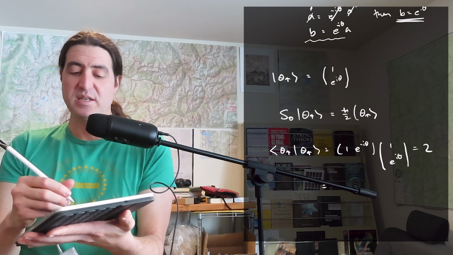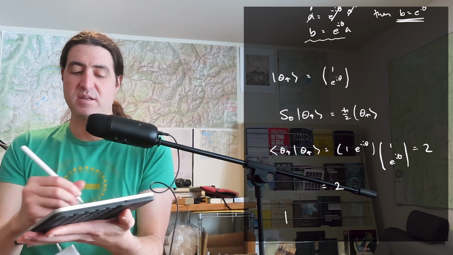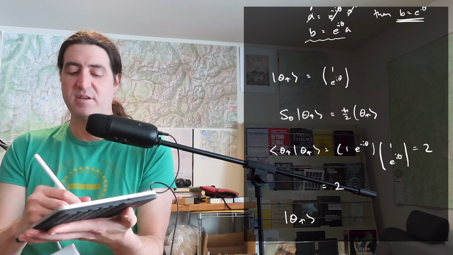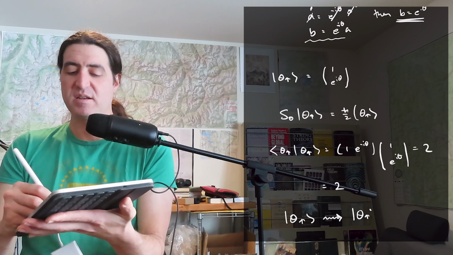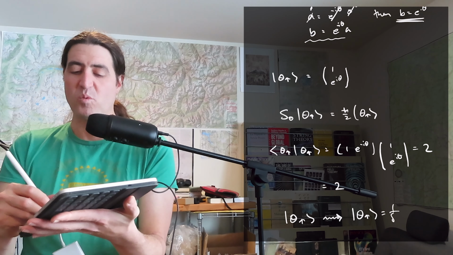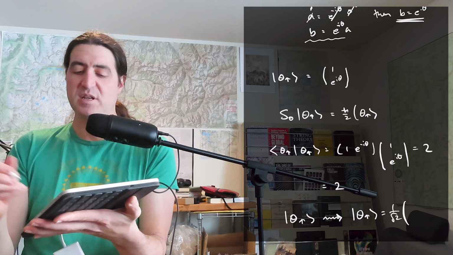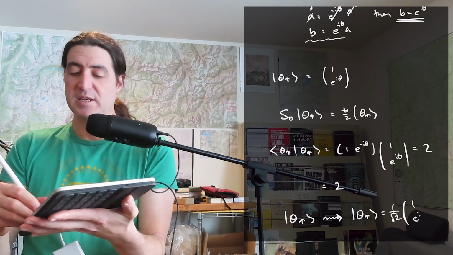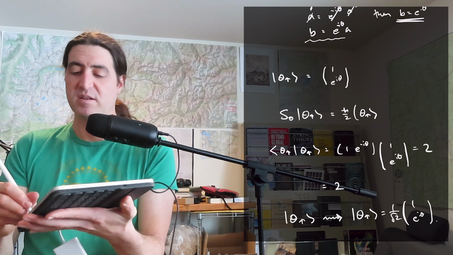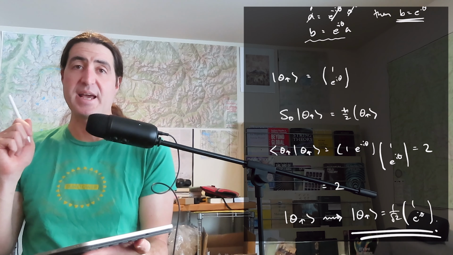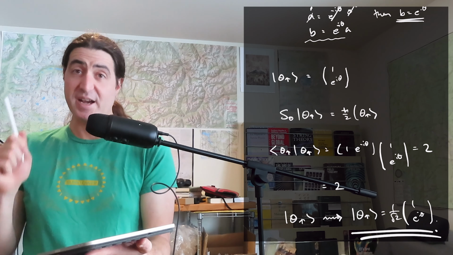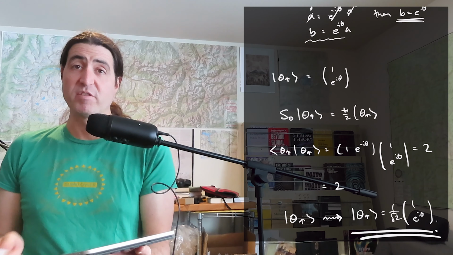So to normalize this state, we demand that theta up is 1 over the square root of 2 times 1, e to the i theta. Awesome.